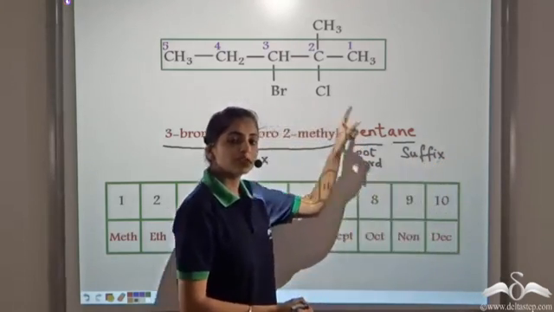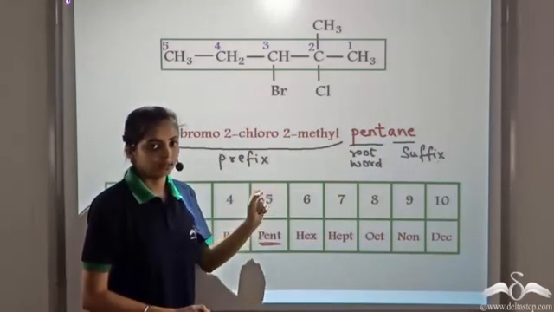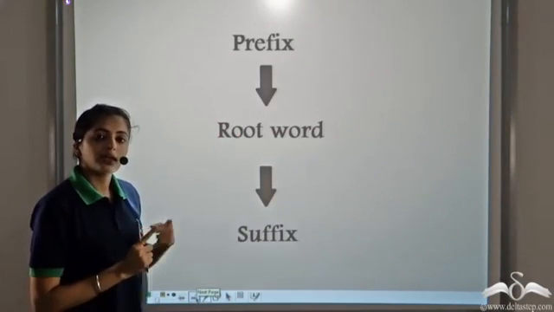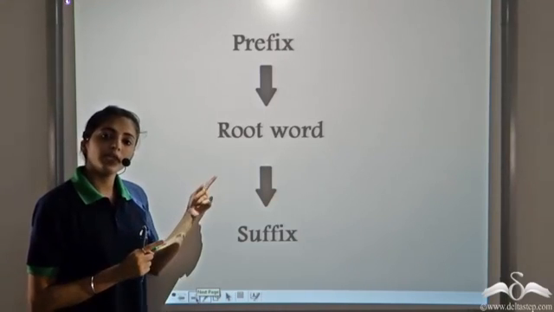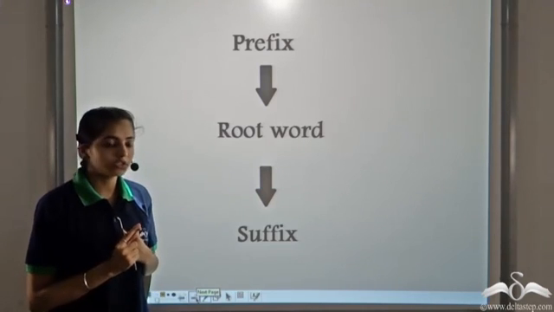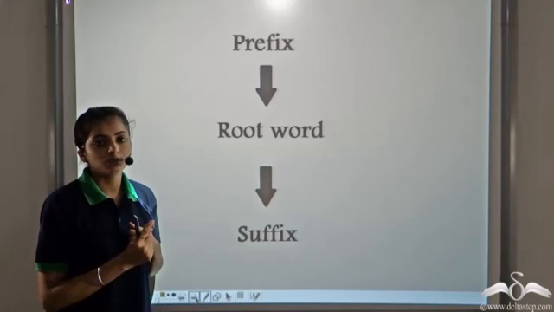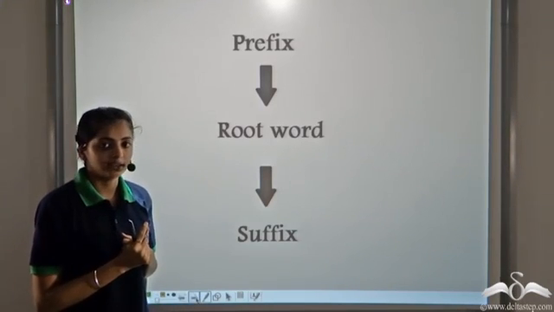This comes as we see only single covalent bonds throughout. So we know this is an alkane. So while naming any organic compound, we have 3 parts. That is the prefix for the substituents present in the organic compound. Then we have the root word, which comes from the number of carbon atoms in the longest carbon chain. And then we have the suffix. If we see all single covalent bonds throughout, it is an alkane. So we use the suffix ane.